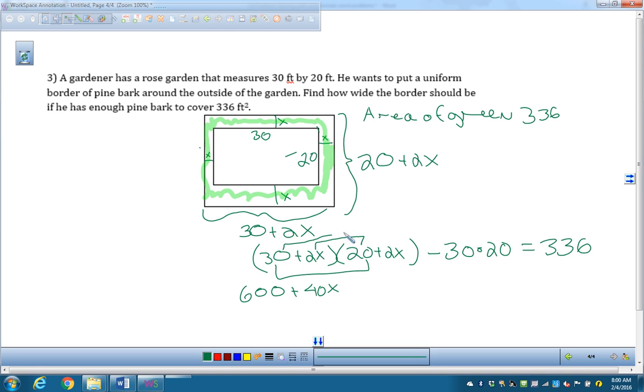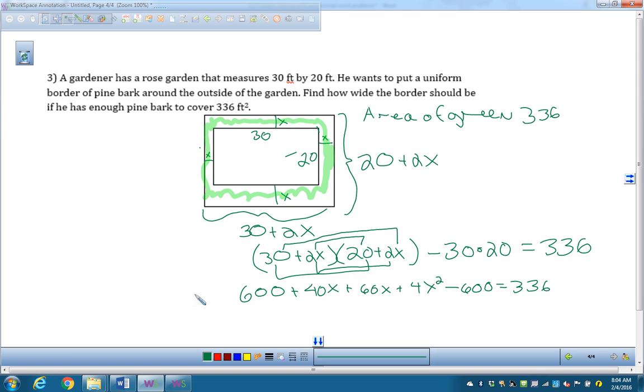This times this, what's 30 times 2x? 60x. Plus 60x. And what's 2x times 2x? 4x squared. Good. Okay? Minus 600 equals 336.